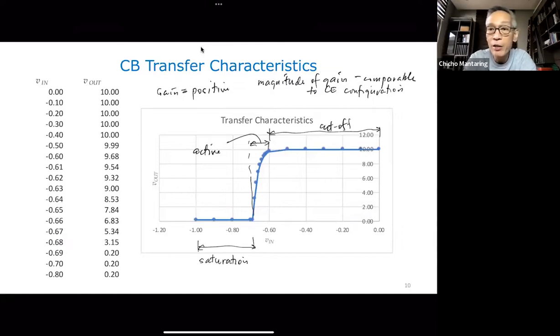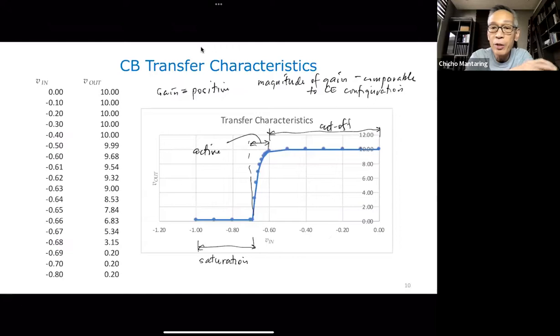Now, another reason why you might choose one over the other, and this is something that you're going to learn later on, is because of the input impedance or the input resistance of the amplifier. This is the resistance or impedance that is seen by the input signal connected to the amplifier. But we'll study that later on.